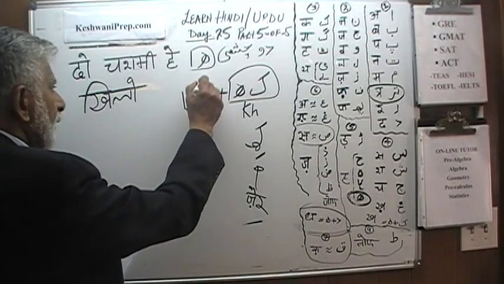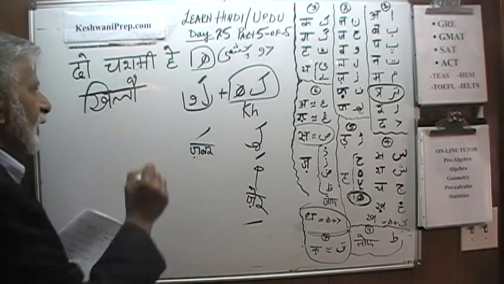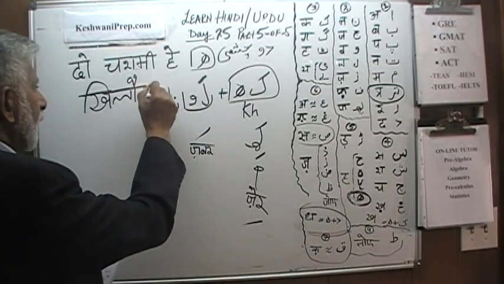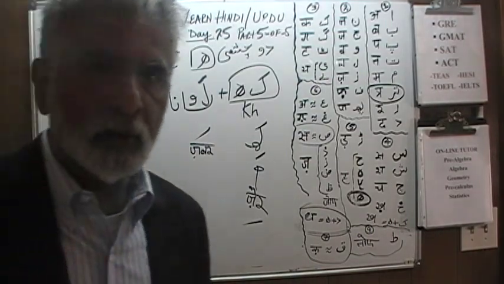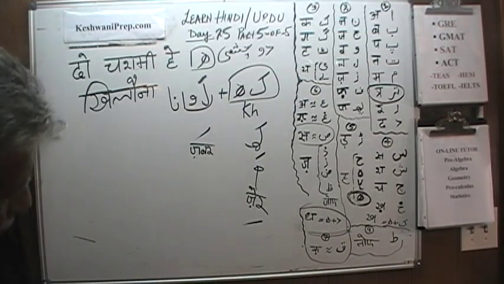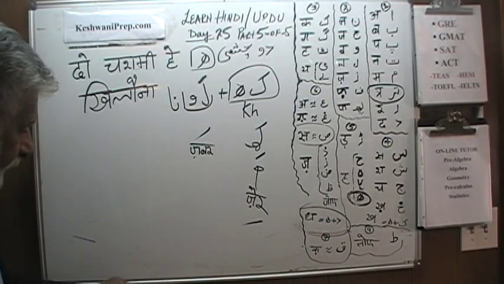And that zabar calls for a second symbol here. Ki, lo, na. Khilona. Khilona, you know what khilona is? Khilona means a toy. But as you can see, this word that we just wrote has three matras.